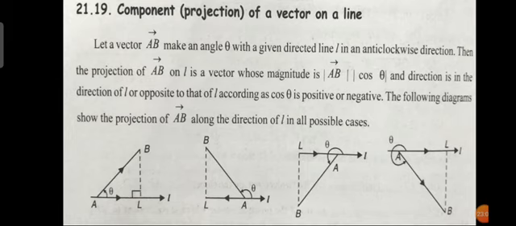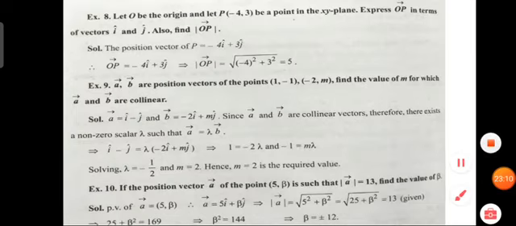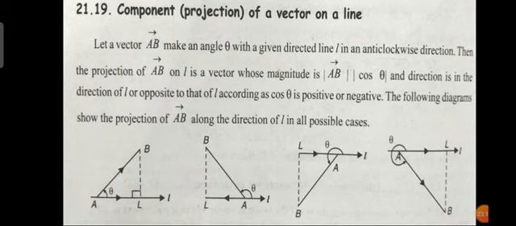The anti-clockwise angle theta is marked, and then you get the projection. The projection is the magnitude of vector AB times modulus of cos theta, where theta may be negative or positive according to the sign given. These following figures show some projections of AB.